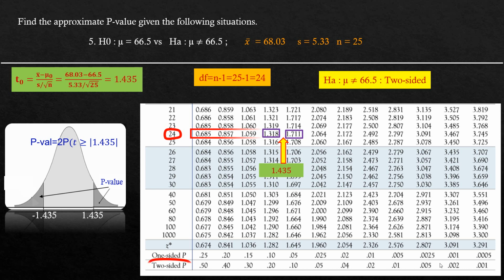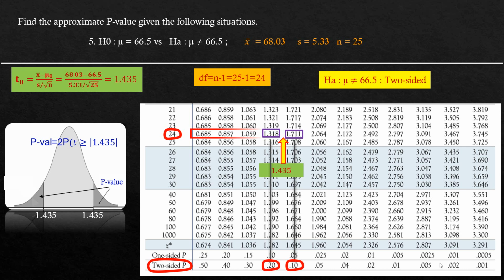Now consider the two-sided p-value. Once we have this, go to both lines. You see the two-sided p-value corresponding to 1.318 and the two-sided p-value corresponding to 1.711. So these two p-values are 0.1 and 0.2. So the p-value corresponding to 1.435 should be in between these two numbers.